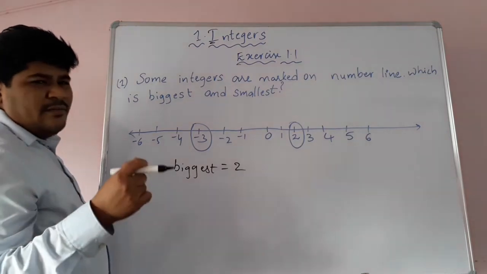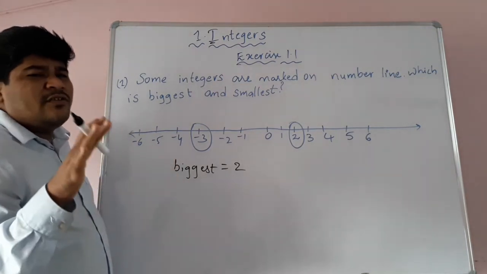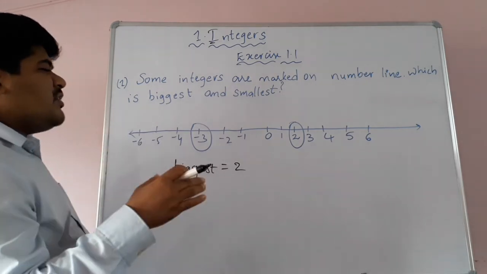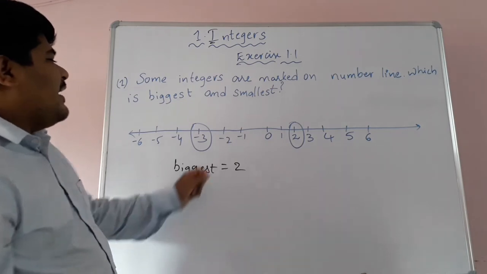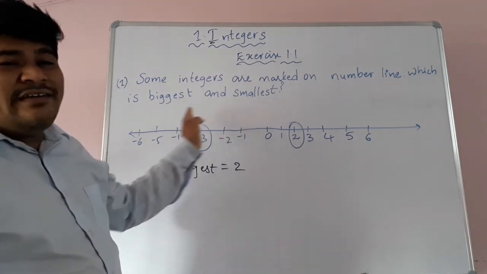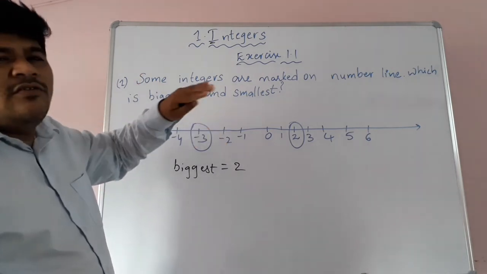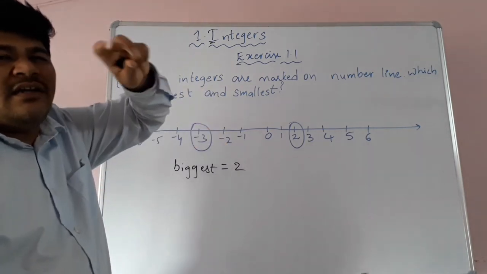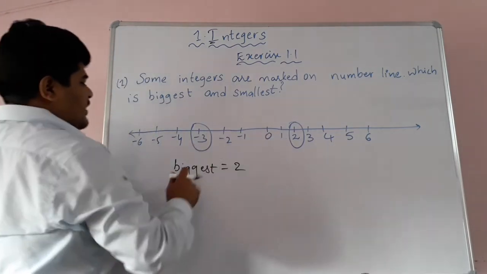If the number is to the right side of 0, those are positive numbers, and as the number increases, its value increases. To the left side of 0, values are negative, and if we move left from 0, values decrease. If the number is big with the minus symbol, it is small. So -3 is the small number.